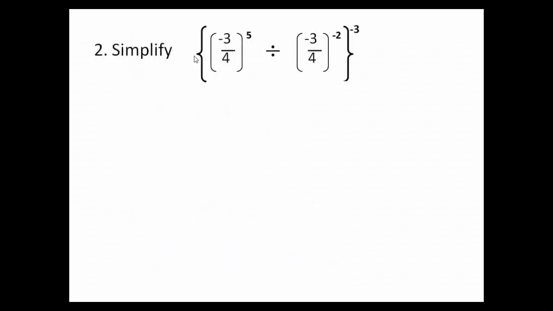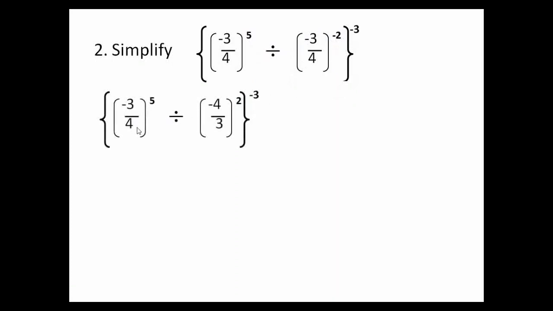Next, simplify (negative 3 by 4) whole raised to the power 5 divided by (negative 3 by 4) whole raised to the power negative 2, and whole raised to the power negative 3. So first step will be let's change this negative exponent to positive.